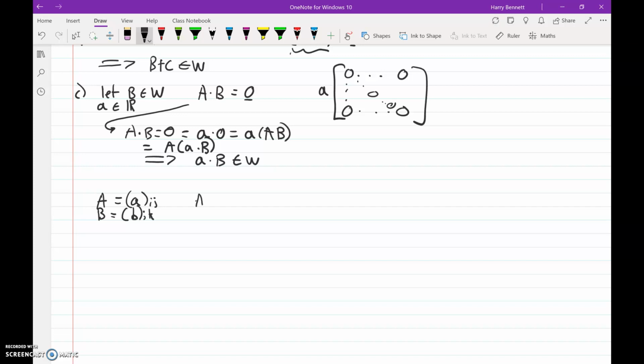Then AB is a sum of A_ij times B_jk, because that's what the entries of AB are, and these have entries ik. By this definition you could add in a scalar, and by the definition of sums, sums are linear.